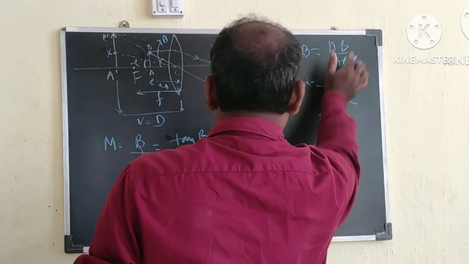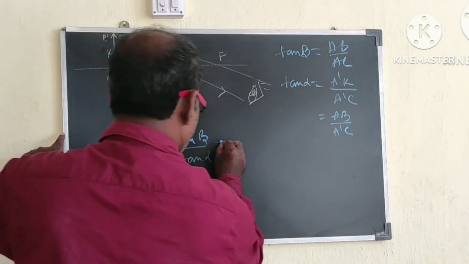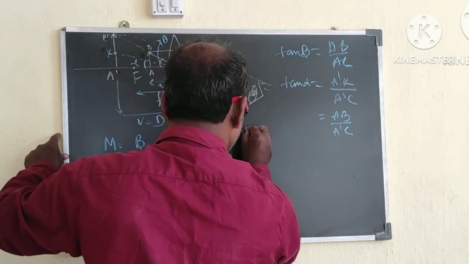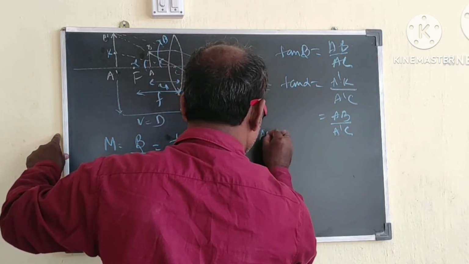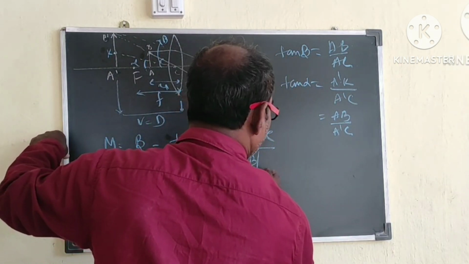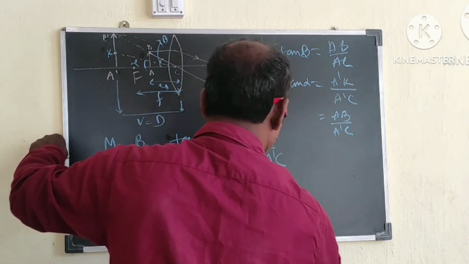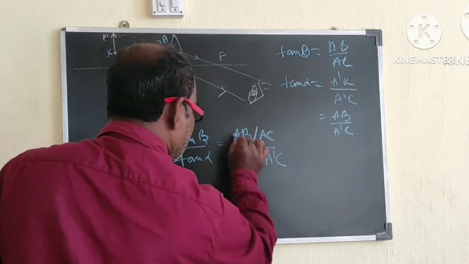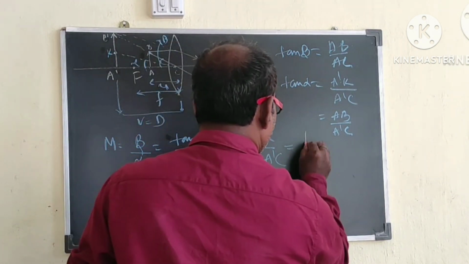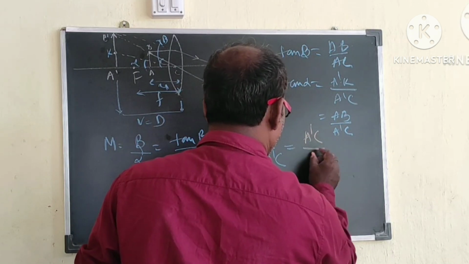Now putting these values in this equation, tan beta is AB by AC, and tan alpha is AB by A dash C. So this gets cut. Finally, we get the answer A dash C by AC.